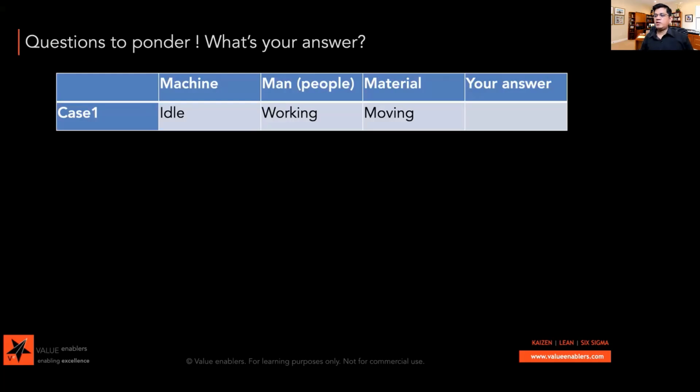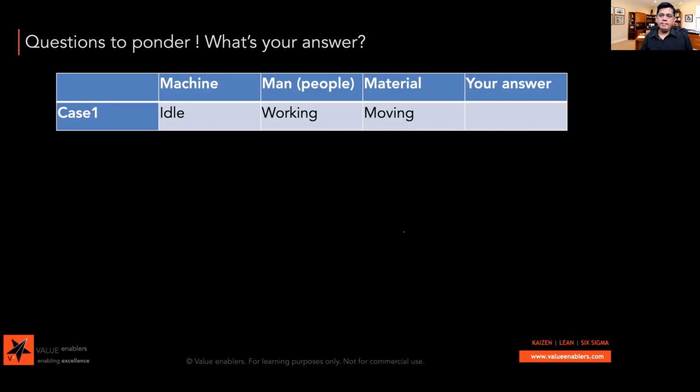So this is a typical factory where there are 3 things: machines, man, and material. In order to convert raw material into finished goods, you need man, machine, and material. So this is not an activity without machines.